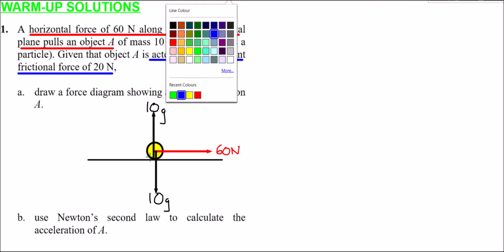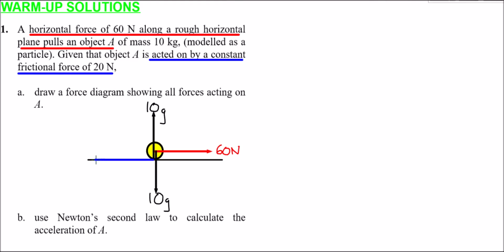So I'm going to do a line here going backwards. I'm going to label that 20 newtons. So there's 4 main forces: the weight, the force dragging it along, the frictional force resisting the motion, and the reaction of the surface against the body.